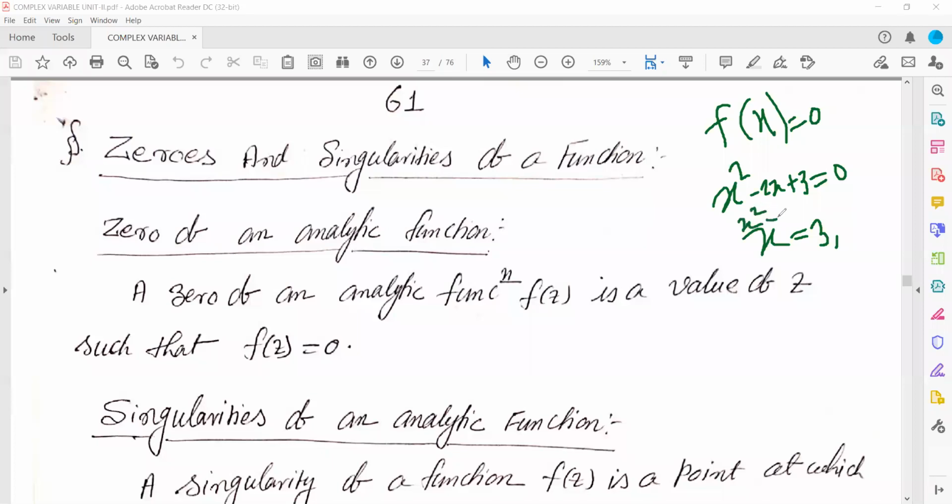That will be x square minus, that will be 3 and minus 1.